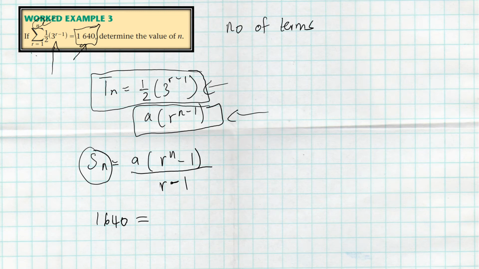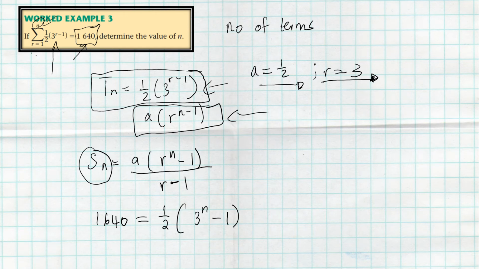Okay, so in this case, this one is sorted. It's in the general standard formula way. So our a is 1 over 2, as we can see, and our r is 3, because that one is in that standard formula. So where there is a, I'm gonna replace it by 1 over 2, and r I'm gonna replace by 3, minus 1 over 3 minus 1.